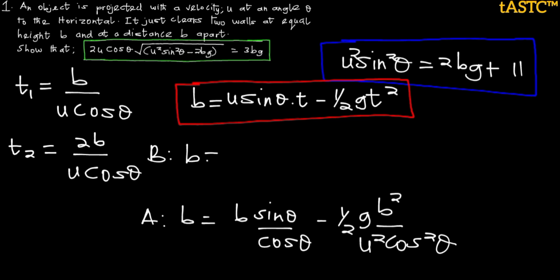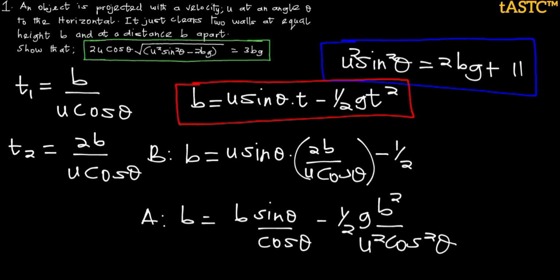So b in that case will be equal to u sine theta, and that will be multiplied by 2b divided by u cos theta. This will be minus 1 over 2, and we got a g. This will be 2b divided by u cos theta, all squared.